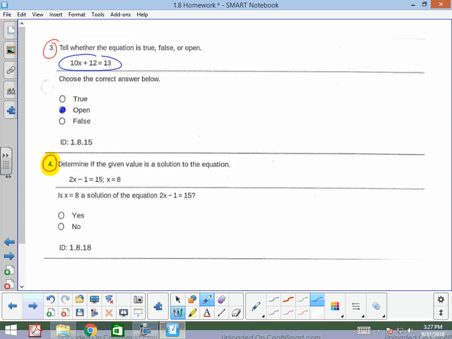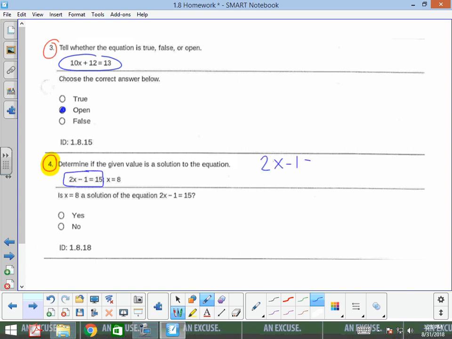Number 4, I do want you to show work on this one. The equation is 2x minus 1 equals 15. And they want us to determine if 8 is the given value for the solution to this equation.